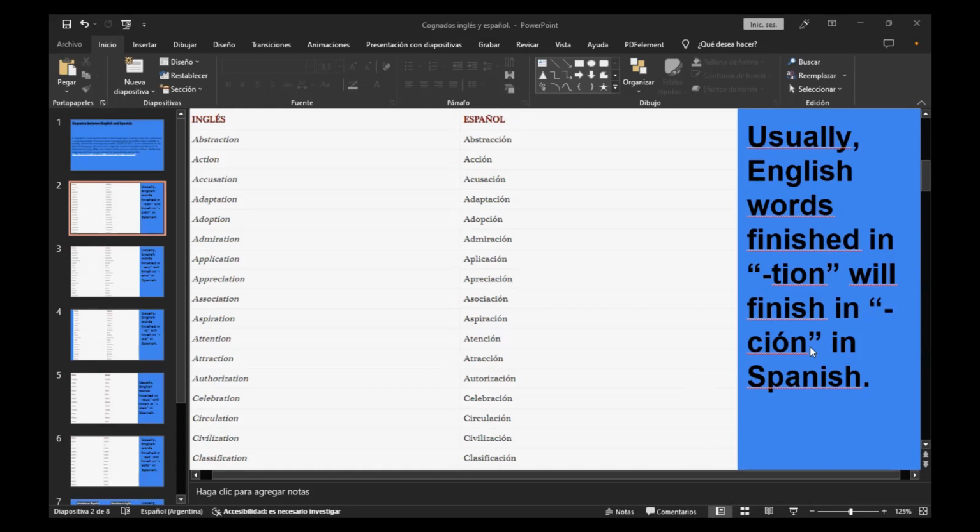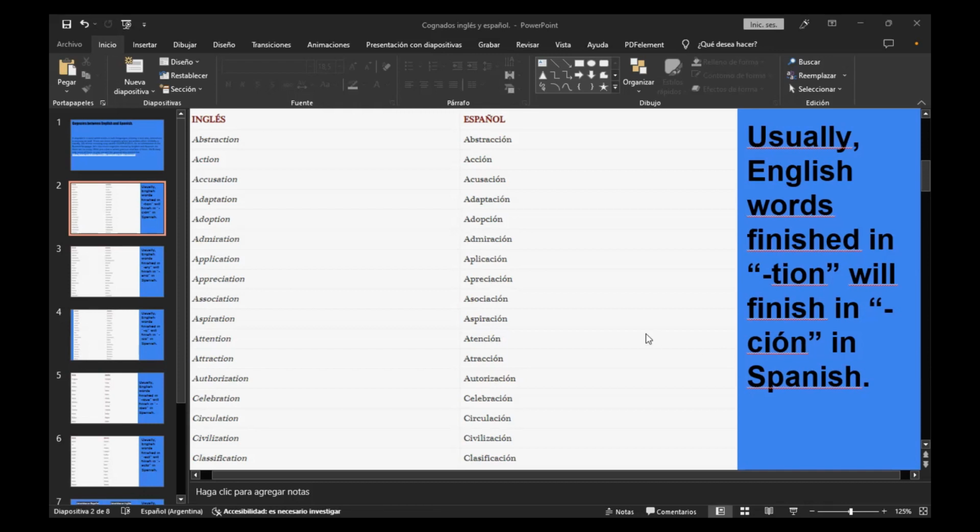However, by learning the principles of the creation of cognates or the recognition of cognates, you can basically learn a lot of vocabulary by just reading, by just understanding how words are related in this language. So you guys need to understand that usually English words finishing in tion will finish in ción in Spanish.